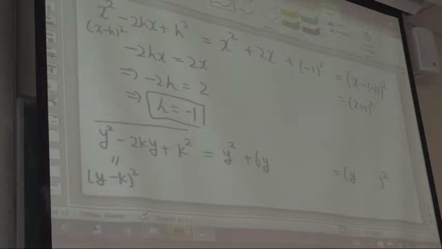Negative 2k should be the same as 6, so k is negative 3. So when you have plus negative 3 squared, we get y plus 3 squared.